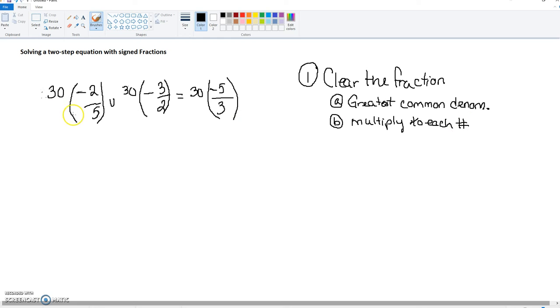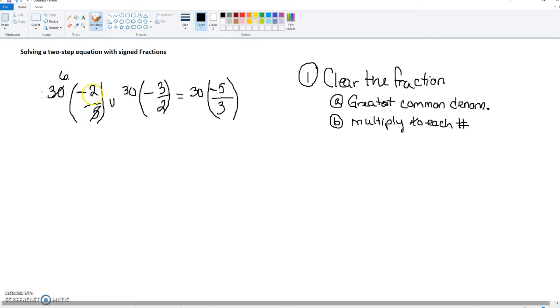So when we multiply, what happens is it's called cross simplifying. Basically you're looking at 30, and 30 can be divided by 5, which is 6. So 30 divided by 5 is 6.